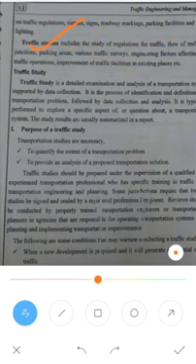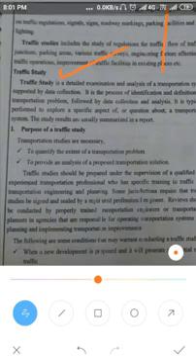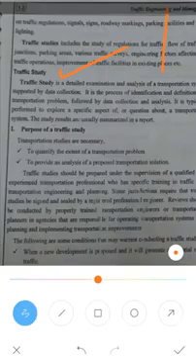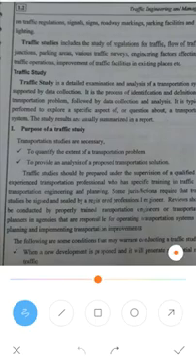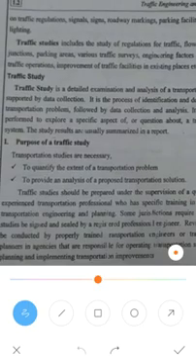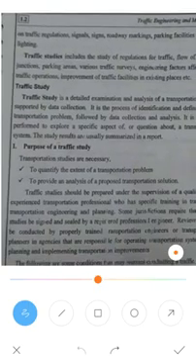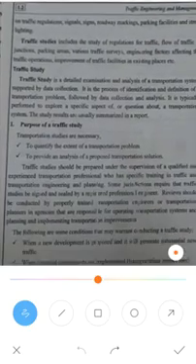They involve the different types of vehicles and the type of roads, whether rigid pavement or flexible pavement, and different types of traffic, whether mixed traffic or single-way traffic. These are the engineering governing factors for traffic studies.